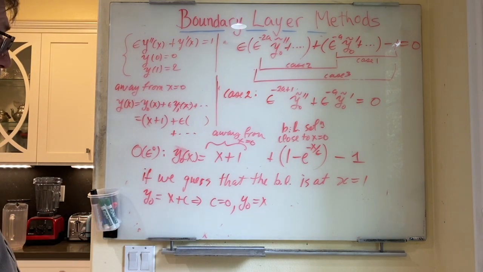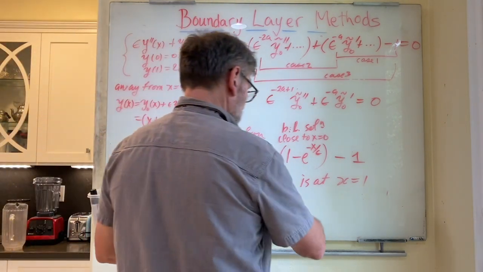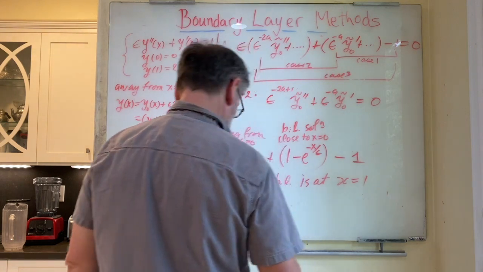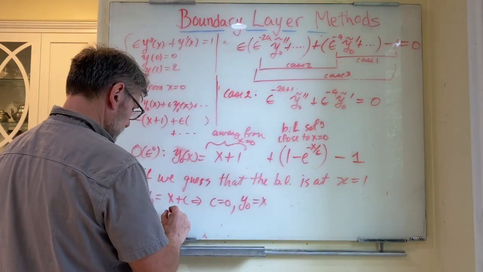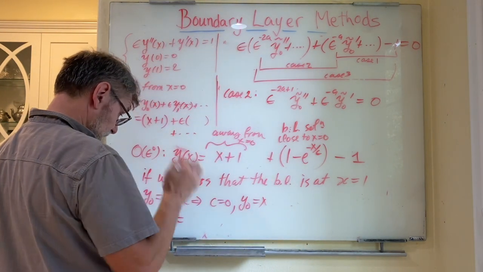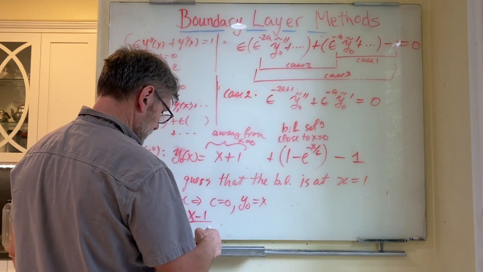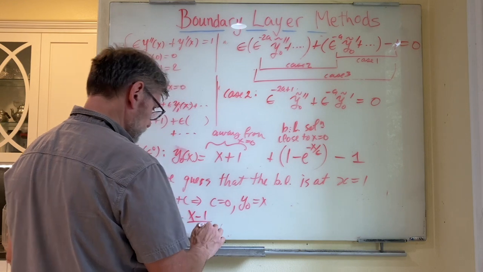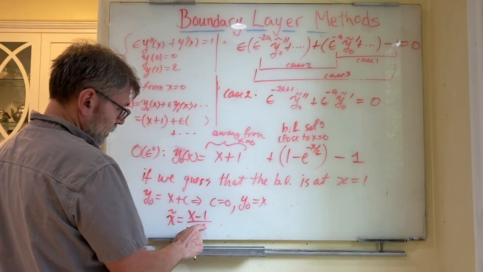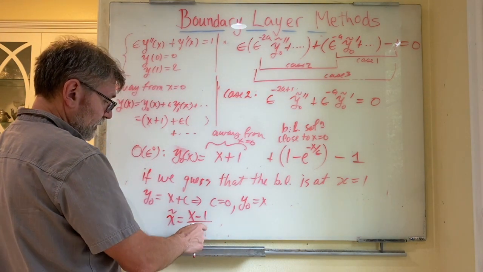And we then introduce a stretch variable, which is going to be valid close to x equals 1. So then we have x tilde is equal to x minus 1 over epsilon to the power a. But it turns out that we know a is equal to 1 from our previous analysis.